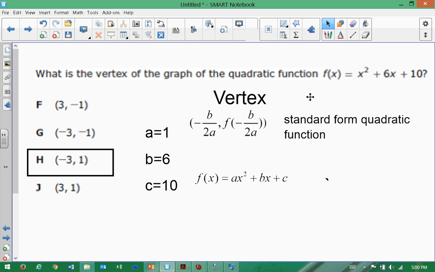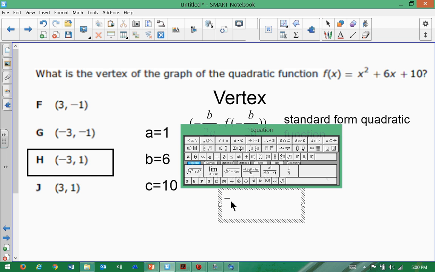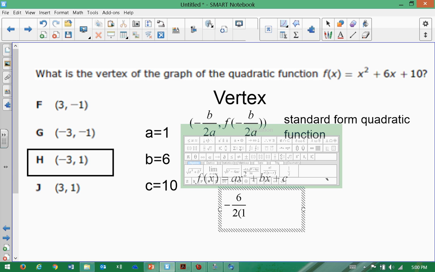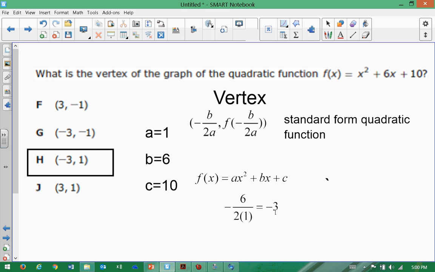Then the vertex of this function is negative, my b is 6, so 6 over 2 times 1, and that is equal to -3. So negative 6 over 2 times 1 is negative 3.